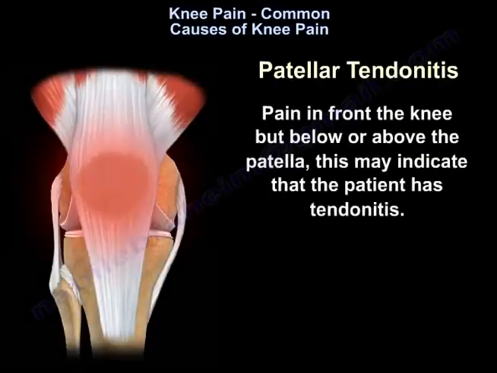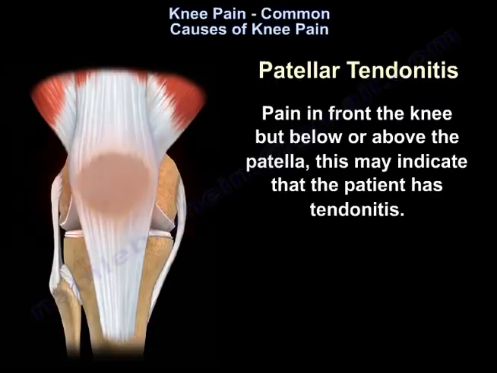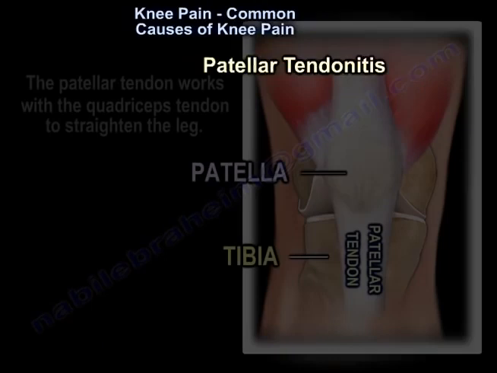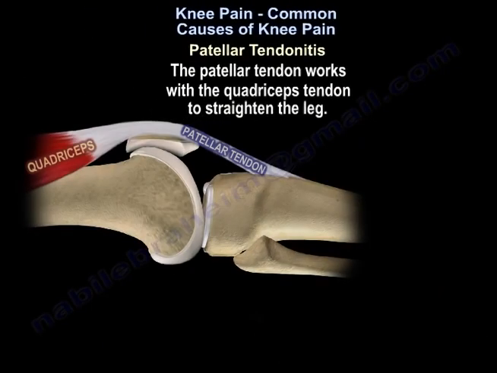And if the pain is in front of the knee, but below or above the patella, that may indicate the patient has tendinitis. The patellar tendon works with the quadriceps tendon to straighten the leg.